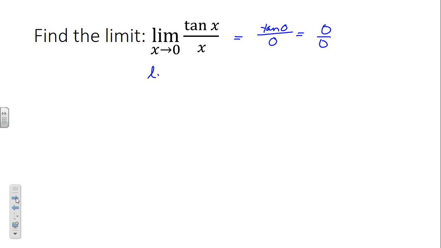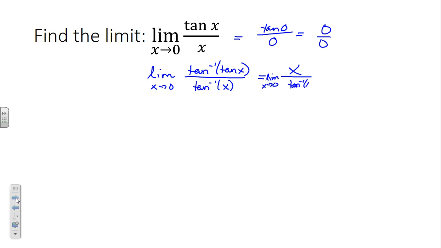So if we tried that, this just gets this x on top now. We've moved it, right? And what's the inverse tangent of 0 when we try that? We're still back to 0 over 0, right?